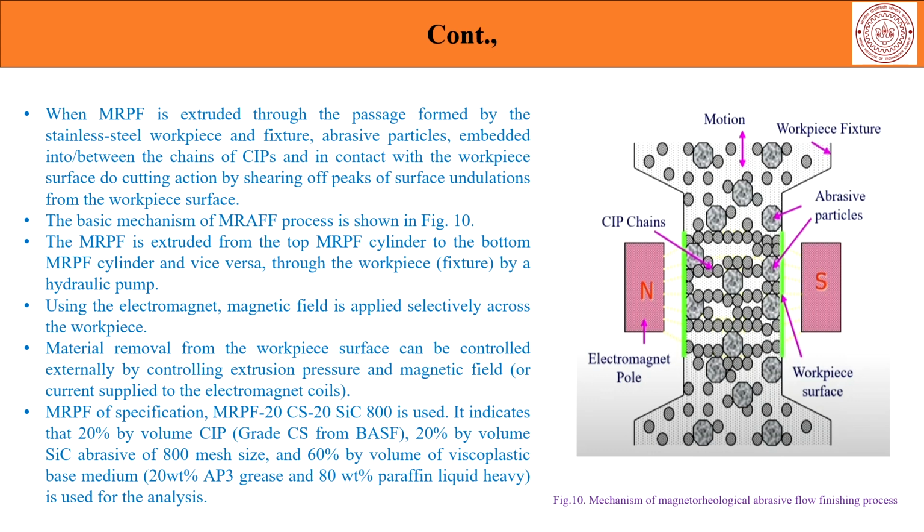through first principles. Now, in this particular effect, as is illustrated here, there is a fixed magnetic field because of these two north-south pole permanent magnets, and when the magnetorheological polishing fluid is extruded through the passage which has the magnetic field, and the fluid goes past the stainless steel workpiece surface and the fixture, there is cutting action on the workpiece surface by the shearing of peaks of surfaces which are projected into the path of the medium from the workpiece surface.